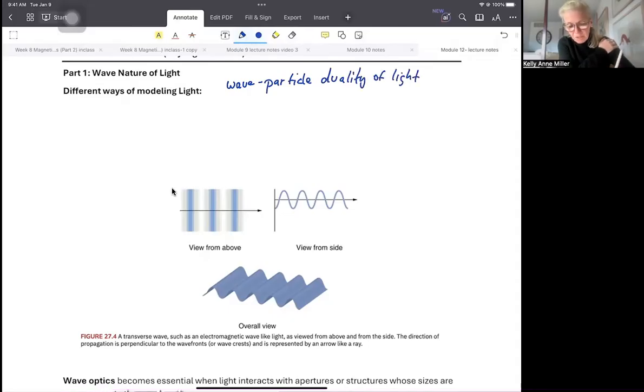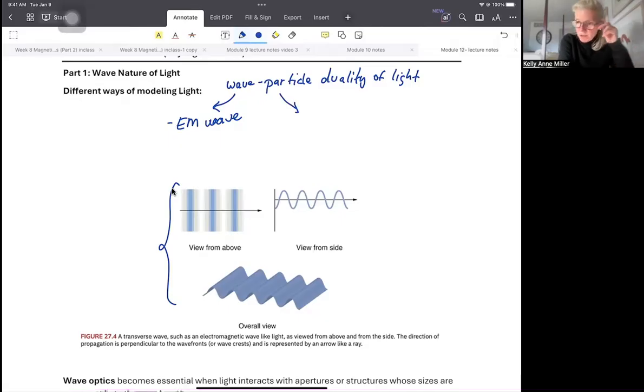In some situations, you can model light as a wave, an electromagnetic wave. It's part of the electromagnetic spectrum, which we talked about two weeks ago. All of these pictures down here are depictions of light in that way, with wave-like properties.